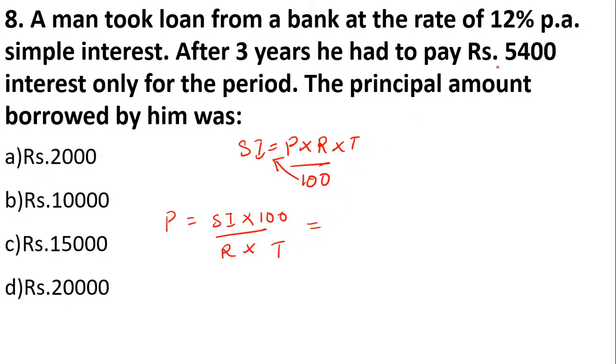He had to pay 5400. 5400 is the simple interest. 100 will come. Rate is 12 and the time is 3 years. So when you solve the whole numbers, you will get 15,000.